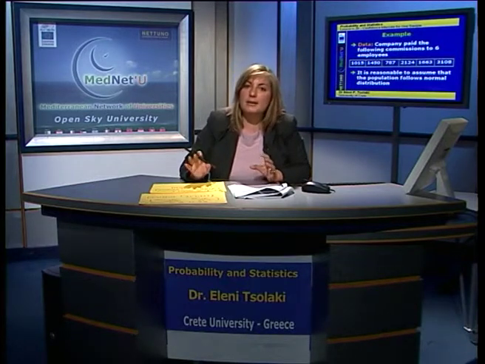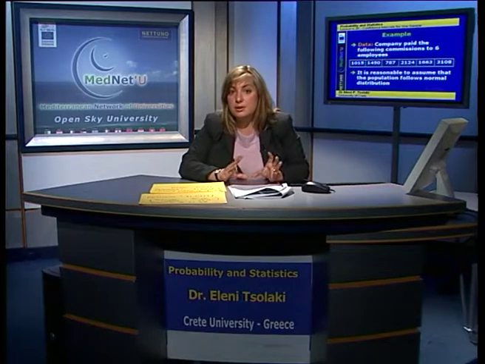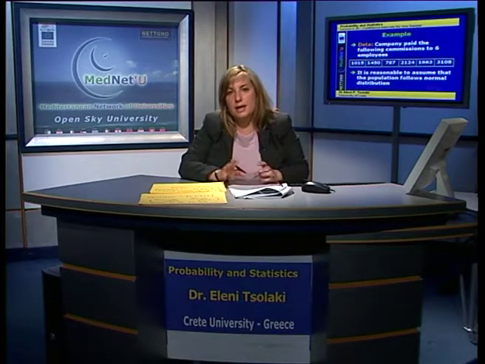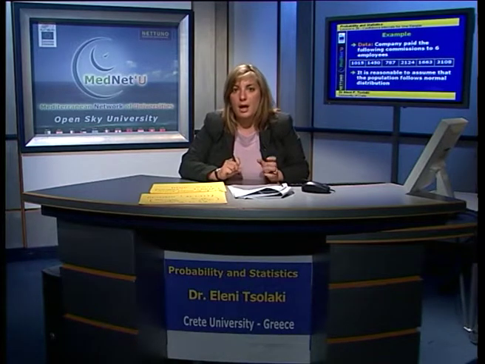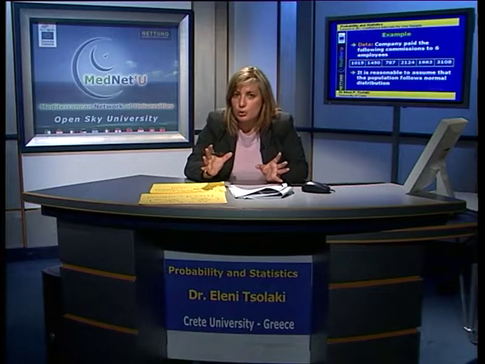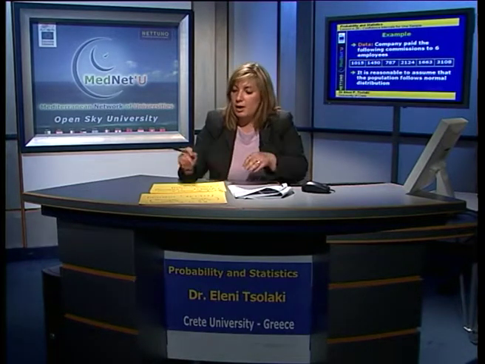Now, let's have a look at the two new distributions we've talked about, the t distribution and the chi-square distribution. Let's have a look at how the chi-square distribution first of all looks. We said that it's not symmetrical like the normal distribution.